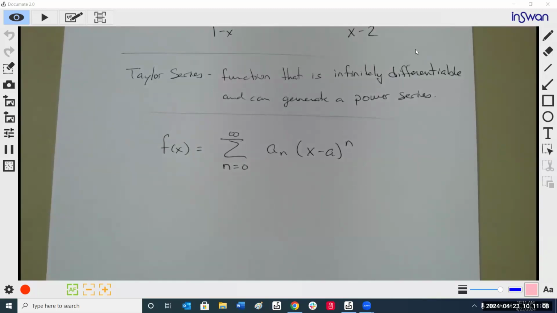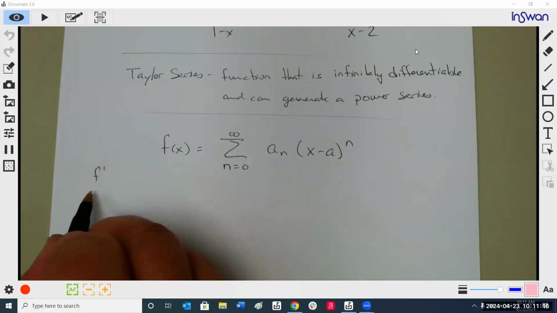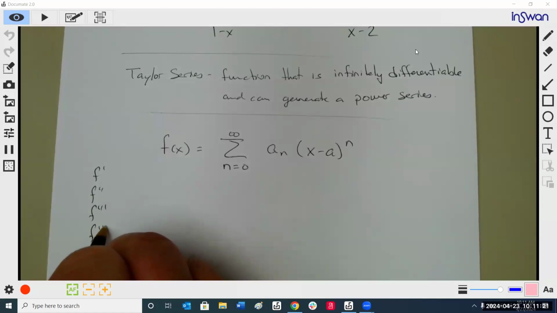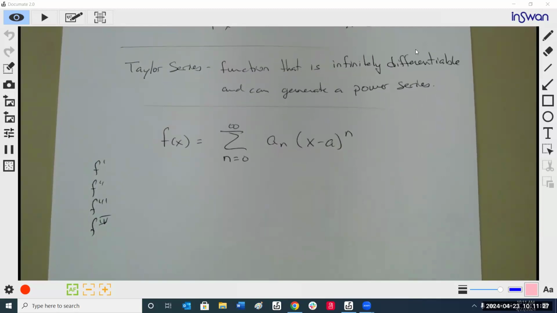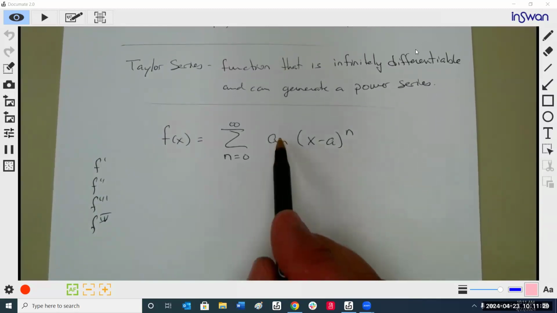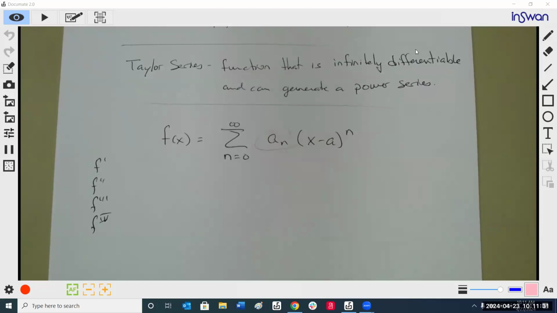So as I said, if a function f of x has derivatives of all orders, in other words, does it have a first derivative, second derivative, a third derivative, a fourth derivative, and so on, can it be expressed as a power series? If so, what are the coefficients?